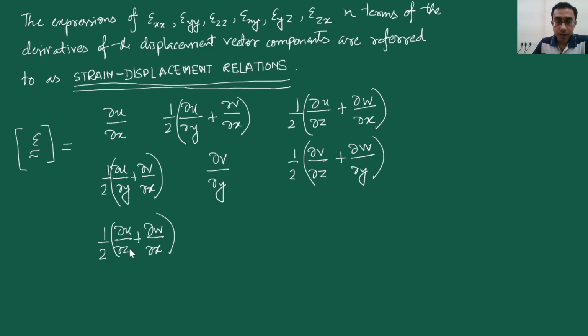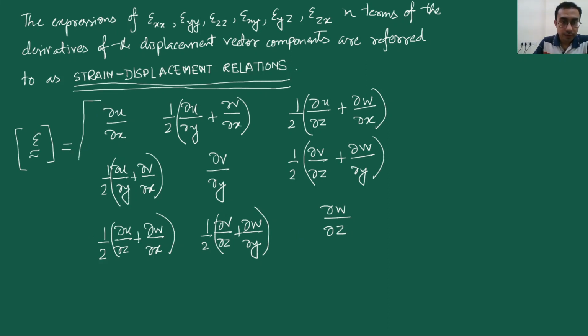Again, this term that I have just written is exactly equal to this term. And this term that I have written is exactly equal to this term. And finally, we have this. So this is in the form of a matrix. So all these strain displacement relations, they are encapsulated in this kind of a matrix form here. Okay.